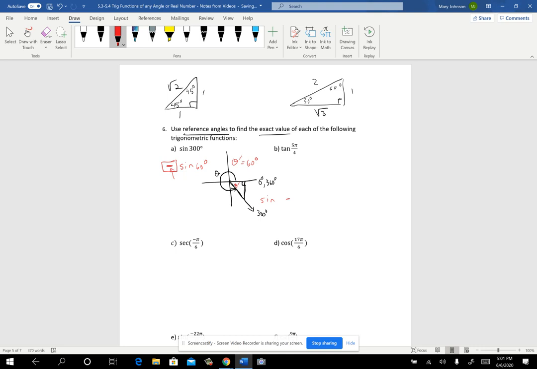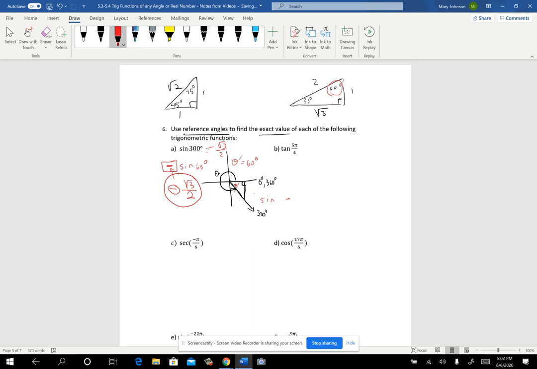When you're trying to do a sine of 60, you can go back up here and look at your 30, 60, 90 triangle. We want the sine of 60, so we want the opposite, which is square root of 3, over the hypotenuse, which is 2. And if we're in the fourth quadrant, sine is negative because you had to go down. So the sine of 300 is negative square root of 3 over 2.